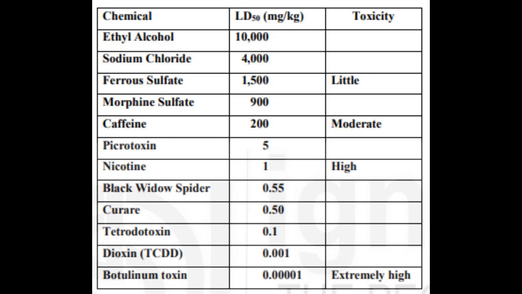However, substances with an LD50 value less than 1 mg/kg require only a few drops or less to produce a lethal effect. Substances/chemicals having low LD50 are highly potent. Thus, potency is inversely proportional to the LD50.